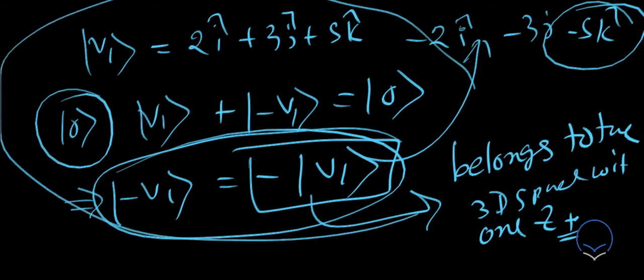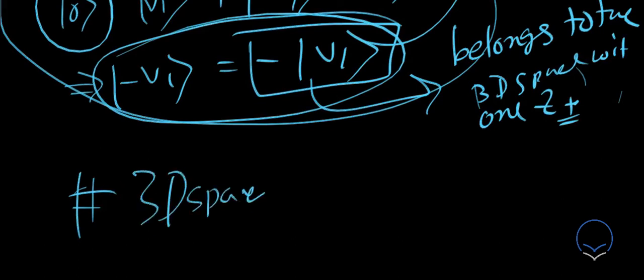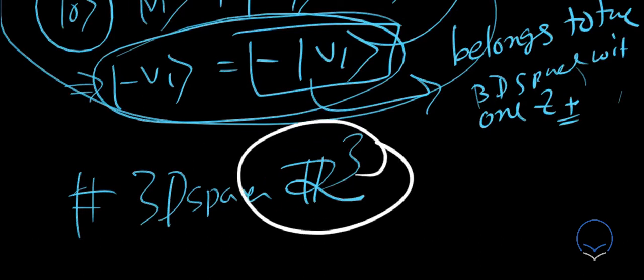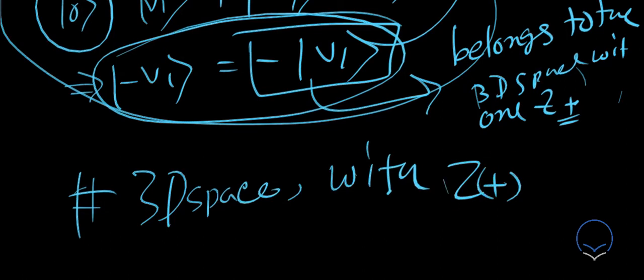So this shows that the space we are considering is actually not a vector space. So this is how you can easily find counterexamples, but you have to be a bit tricky over here. And this counterexample proves that 3D space with z-axis plus, don't confuse it with the set of positive integers, because sometimes z plus is used to denote the set of positive integers.